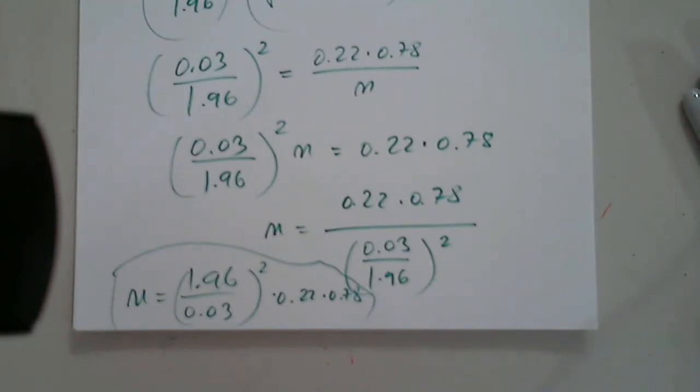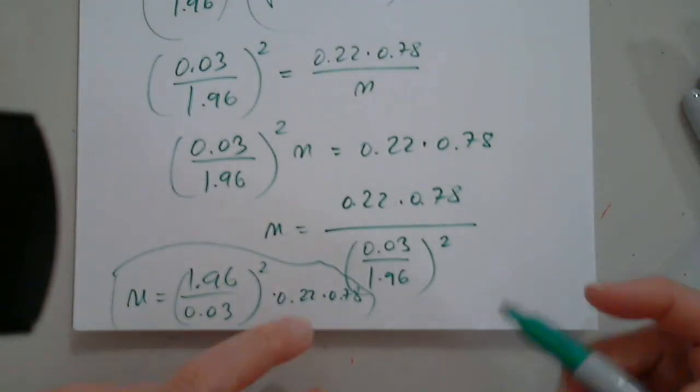And that's how we determine the sample size. So 1.96 divided by 0.03 and square, and then multiply by 0.22 and multiply by 0.78 and press enter. Even if the first decimal digit is 4, we always have to round it up. It's mandatory.